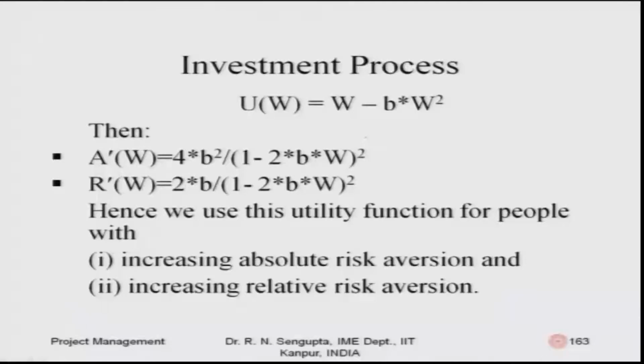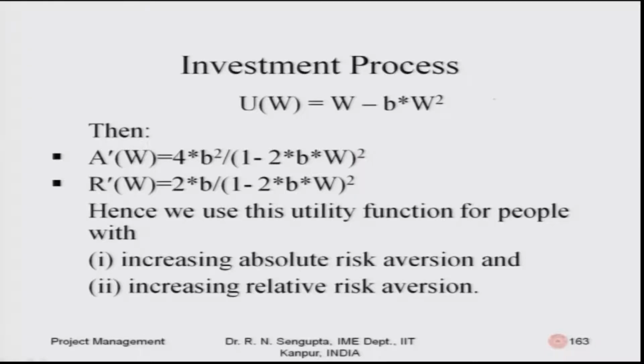So, the first one was the quadratic utility function. Without going into the calculations, I have just written the bullet points, and I will strongly urge the students to do it on their own, so that they can get a feel for how these concepts come into play. If I consider a prime, the a prime value is given by 4b square in the numerator divided by 1 minus 2b into w whole square.